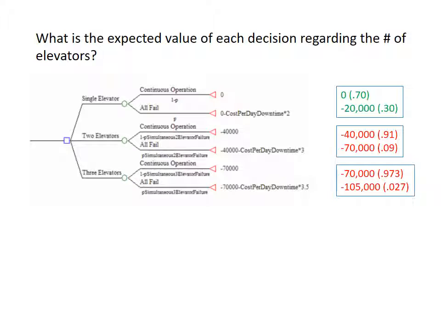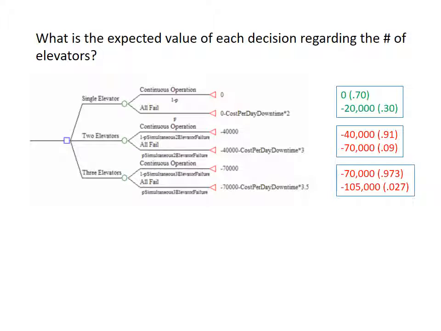And that represents the cost that we would incur if we built 2 elevators and they both failed. But we have to also look at the probabilities of those 2 events occurring. So if we build 2 elevators, the probability that we at least have one operational at all times is pretty high. It's 91%.